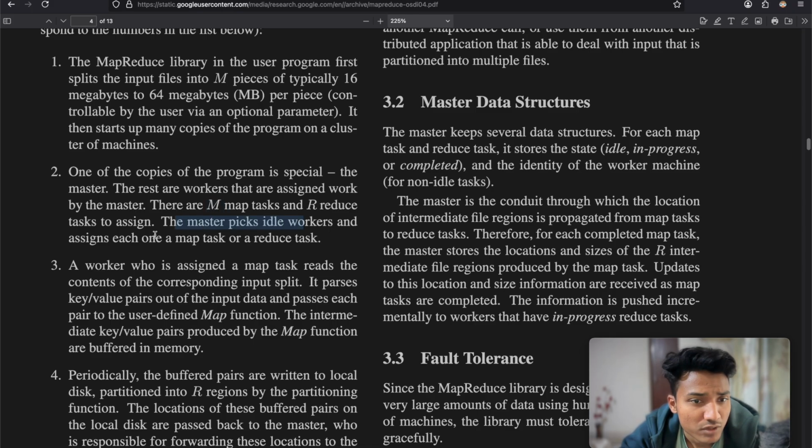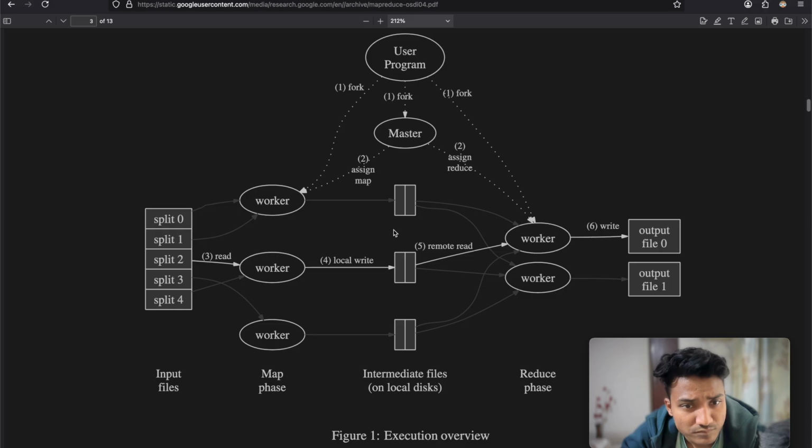The master picks an idle worker and assigns each one a map task or a reduce task. So these splits will be given to different workers, and the master will come up and say, hey, you are idle, you can start working on whatever fork we have created. Then, say this one is also free, the master will say, hey, get your split and read your split. Oh, okay. So yeah, first is basically the fork, like they said.